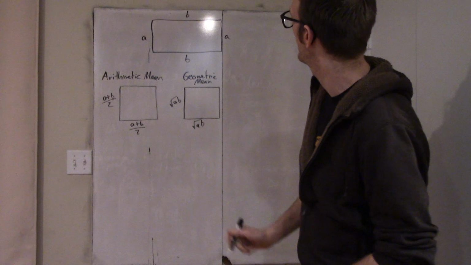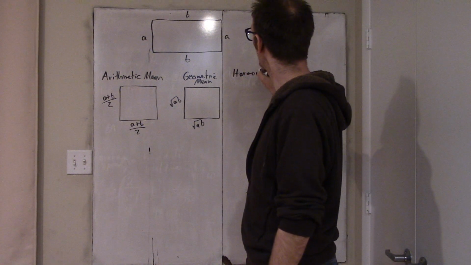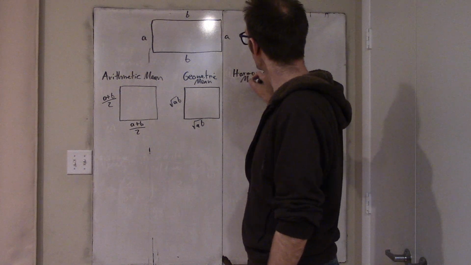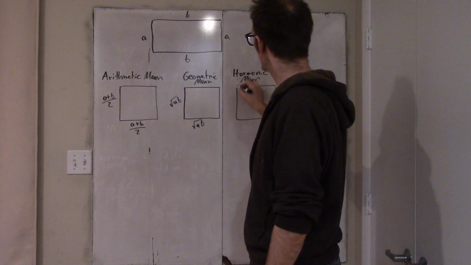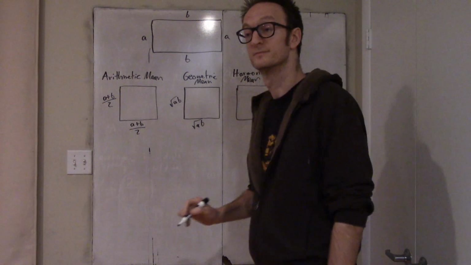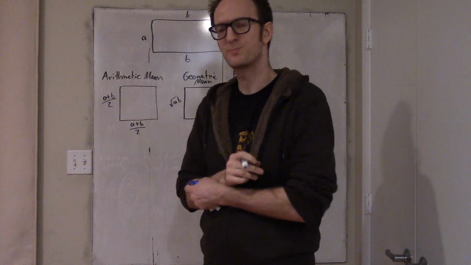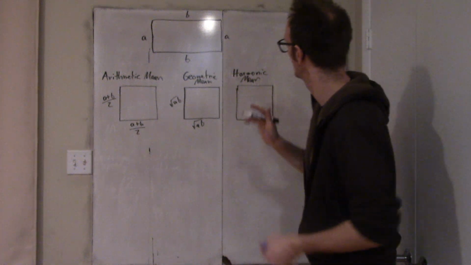Okay, and what does the harmonic mean do? Harmonic mean. I think this one is more difficult to see, but the answer is it preserves... now I forget. Preserves perimeter to area ratio or something like that.